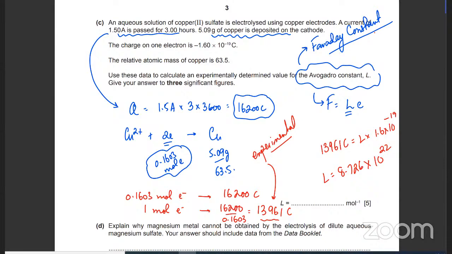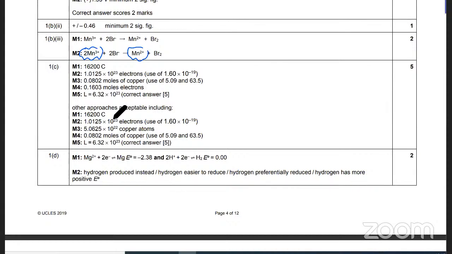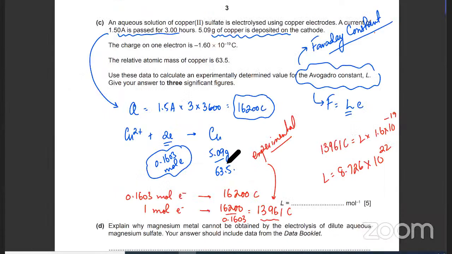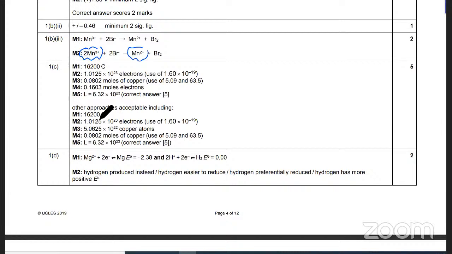But I'll just check the marking scheme for this one. No, we made some mistake somewhere. We definitely did. The moles of copper, did we get the right moles of copper? Or moles of electrons, 0.1603. The moles of copper atoms and moles of electrons are different.